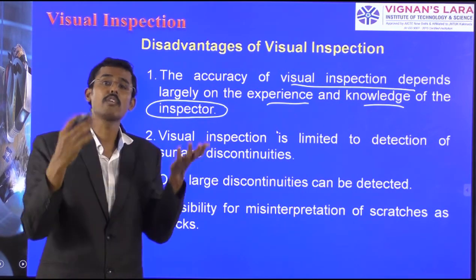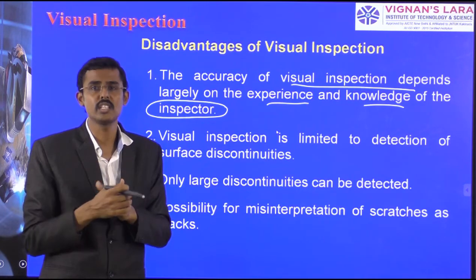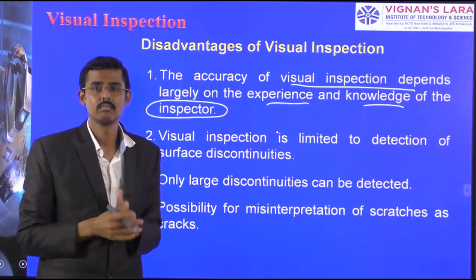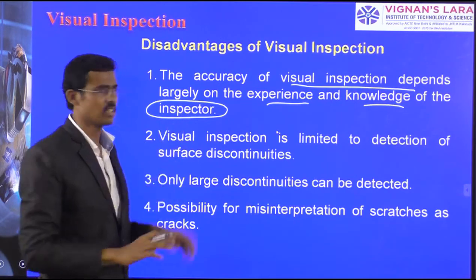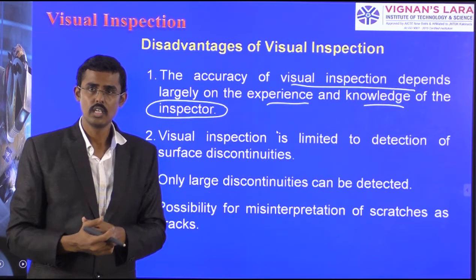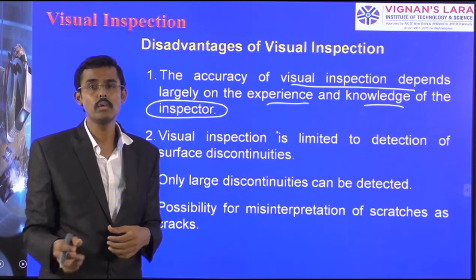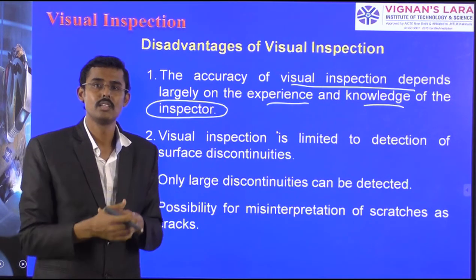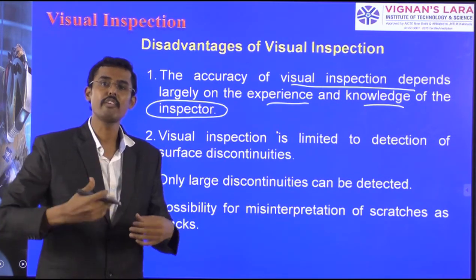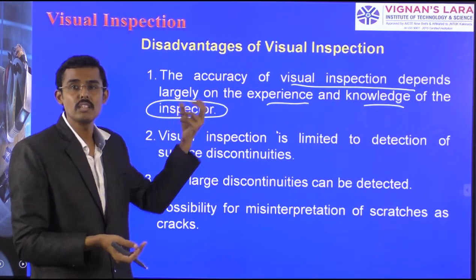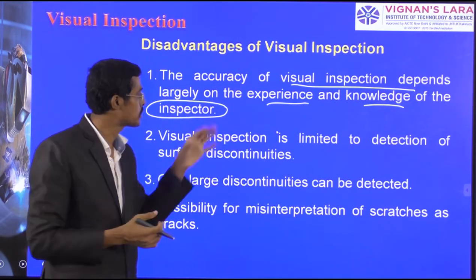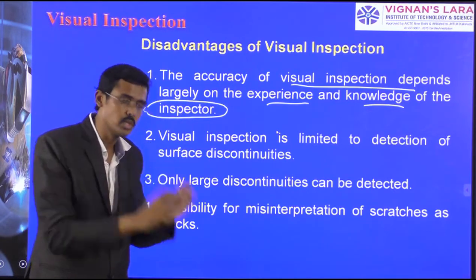If it is greater than 1.5, or 2.5, then we reject this excess cap height; it should be visually rejected. But if the inspector is inexperienced, even a 2 mm cap height can be accepted, and even less than 0.5 can be rejected because of an inexperienced welding inspector. Therefore, experience is needed to analyze the visuals.